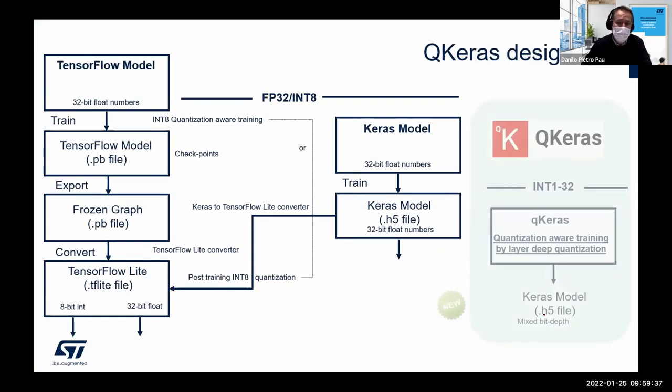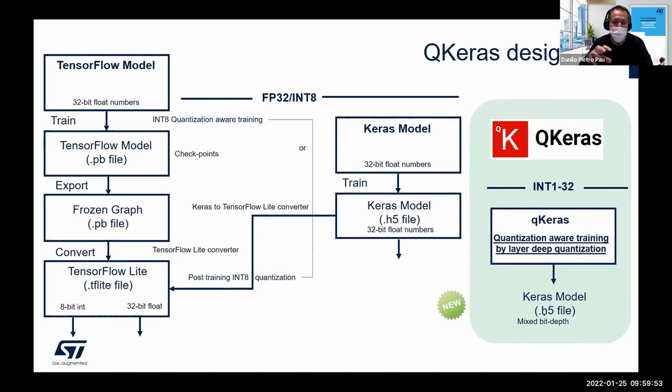One example is QKeras. QKeras is a library, a drop-in replacement of the Keras API, which sits on top of Keras, which sits on top of TensorFlow, and allows you, in a quantization-aware training fashion, to deeply quantize a neural network. Let's have a look at an example.